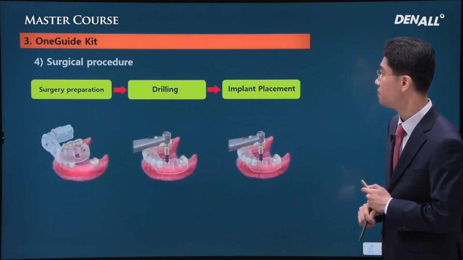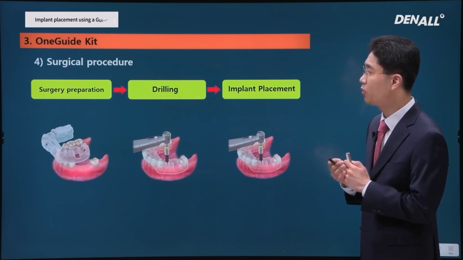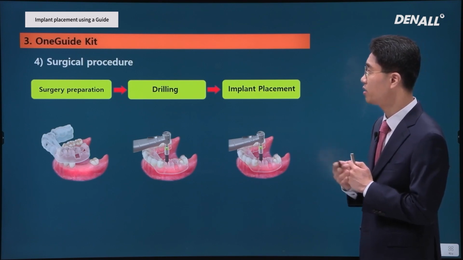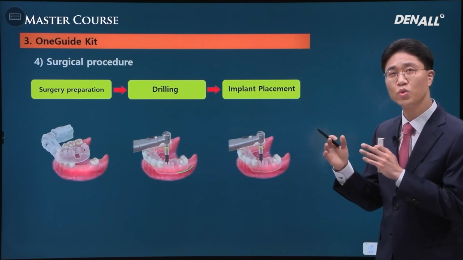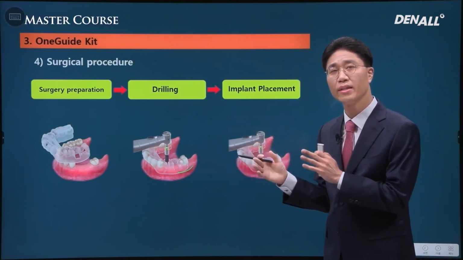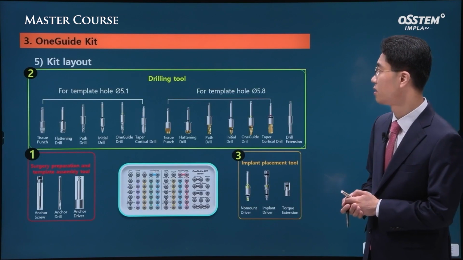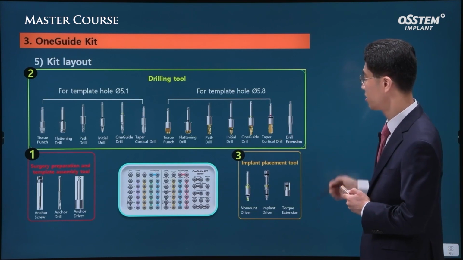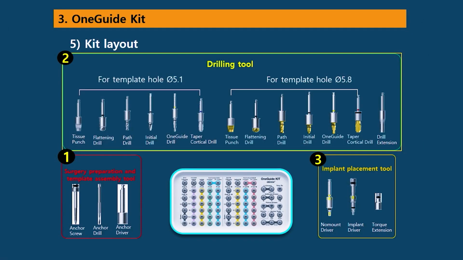If you take a look at the procedure, CT data and oral scan data are merged to fabricate the guide, and using that guide, if drilling is done, we can do a top-down approach in doing implant placement. We can do restoration-driven placement. This is the overall view of the kit. If you use the One Guide Kit, you'll be able to get the ideal implant prosthesis position. And you can do this more easily.